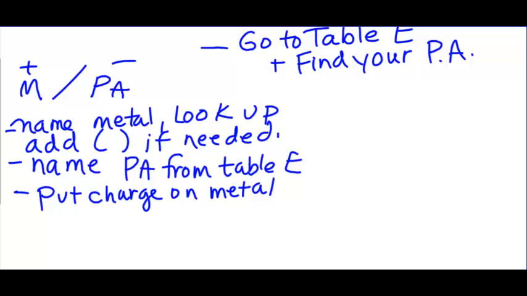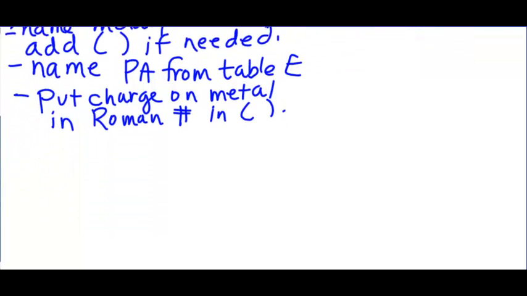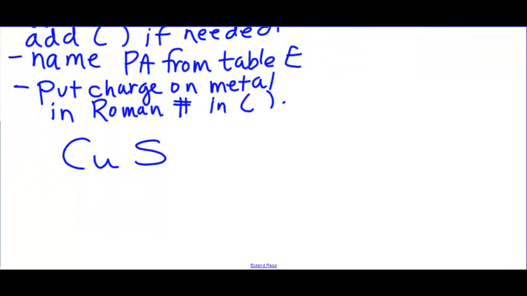Here's where it gets harder. This is as hard as it gets, I think. Okay, so I gave you this crazy one before. Obviously, we see 3 capital letters. So we are going to go to table E and look for something on table E that is also present in our compound.